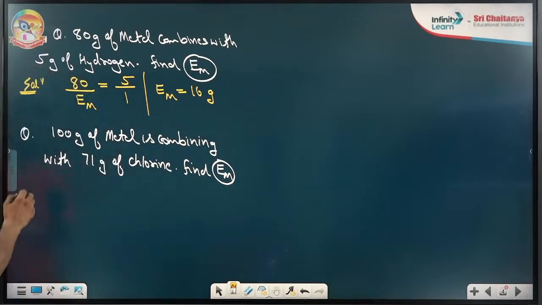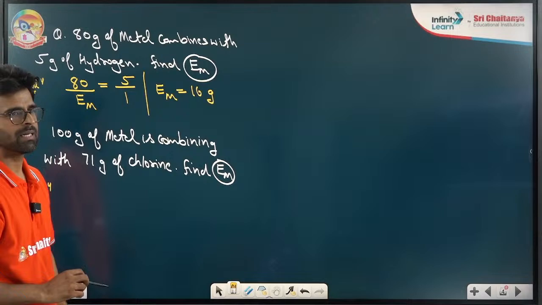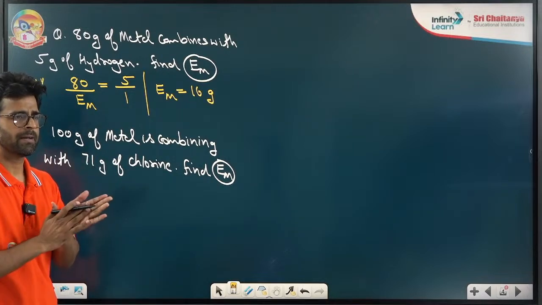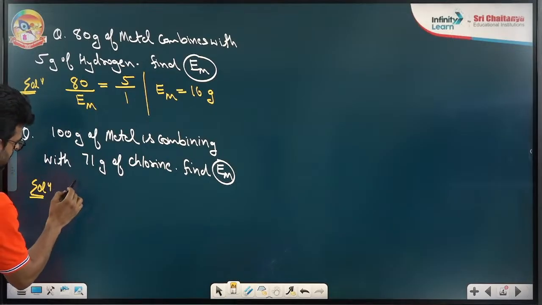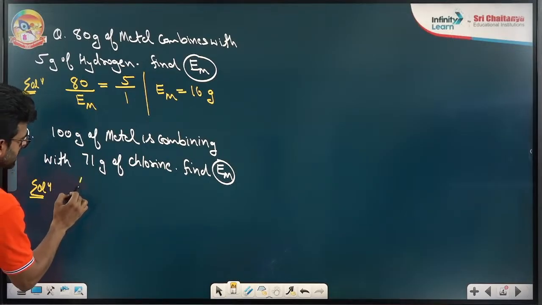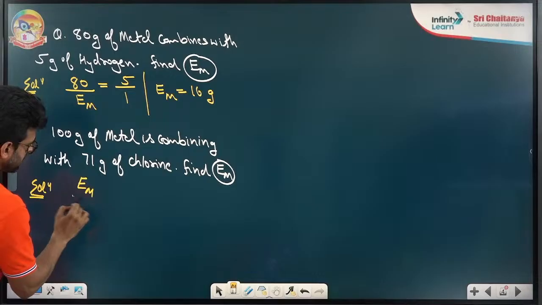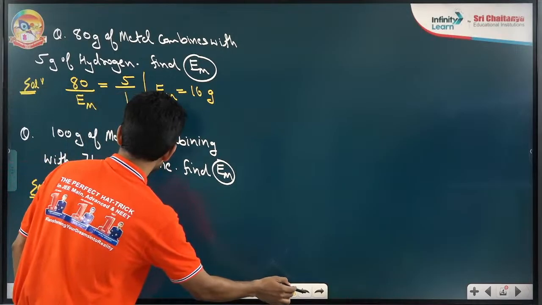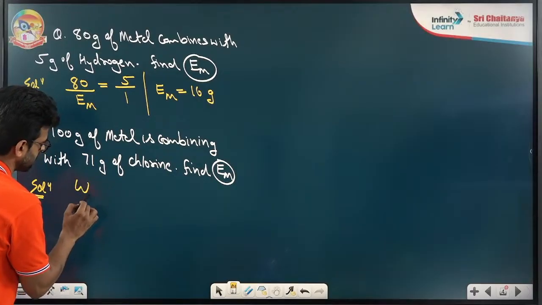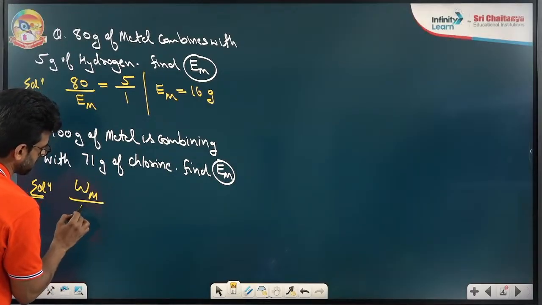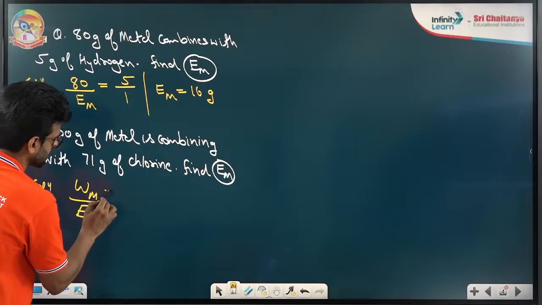Okay, the next one. You are saying 50 gram is coming, right, Chetan? Let us see what we have here. Here we have weight of metal divided by equivalent of metal. This time they are asking chlorine.